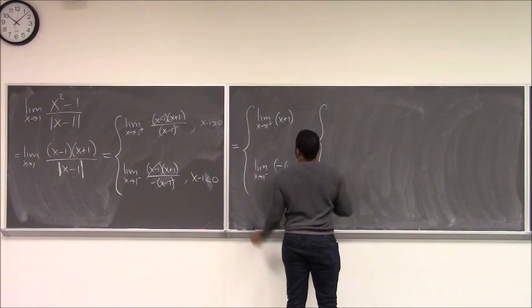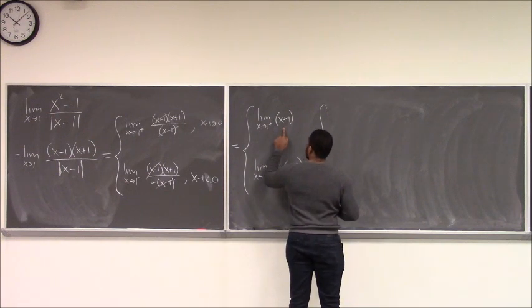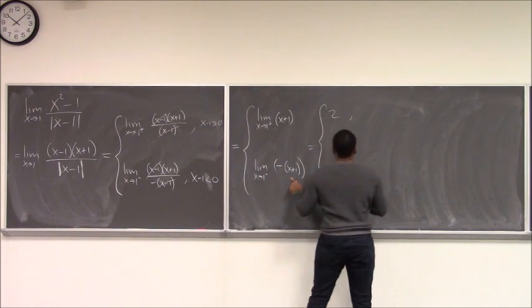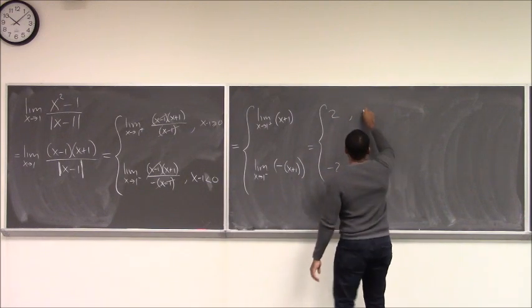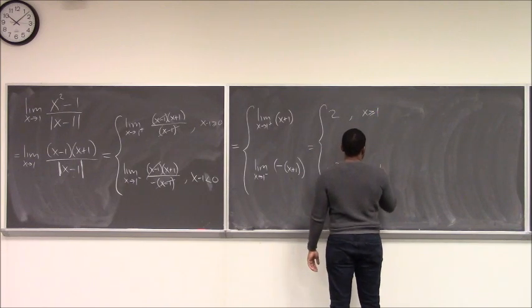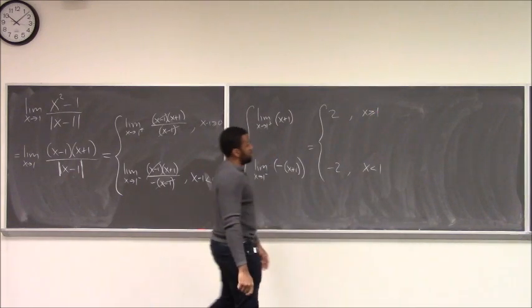So what would I get here? 2. Well, 2. And here? -2. Minus 2. And I would get 2 if I'm approaching 1 from the right, and I'll get minus 2 if I'm approaching 1 from the left.